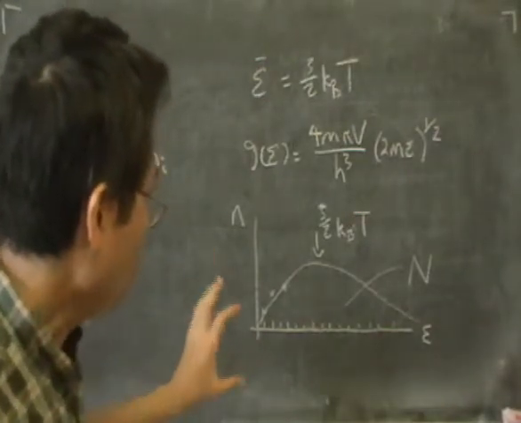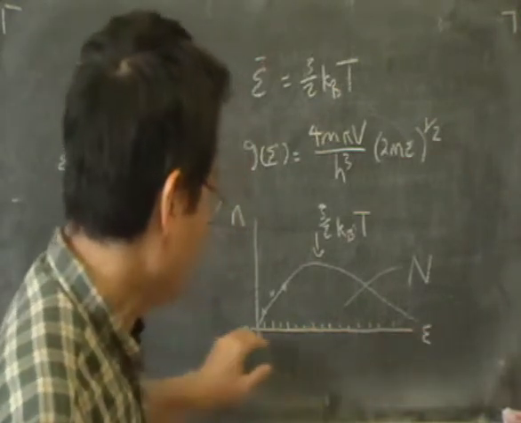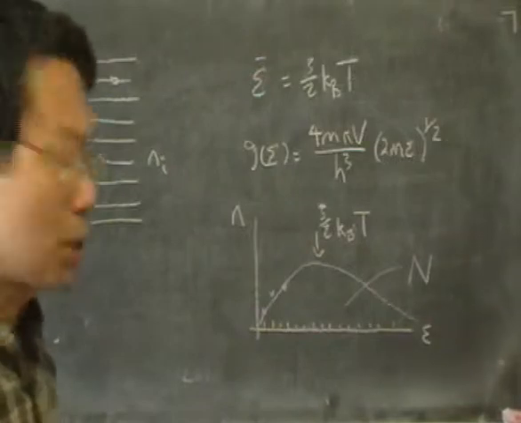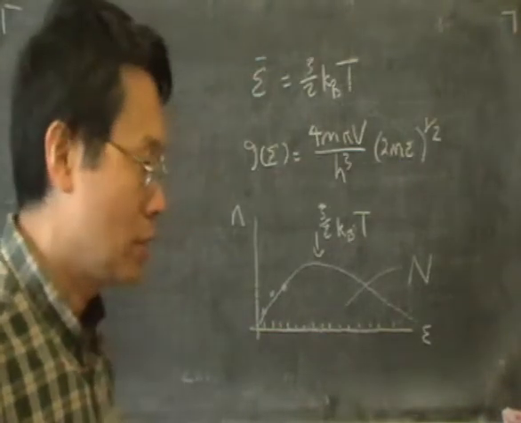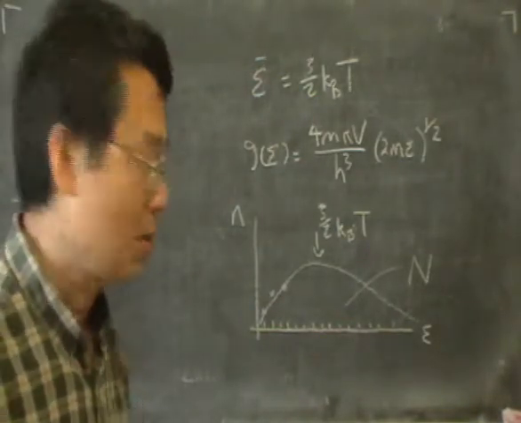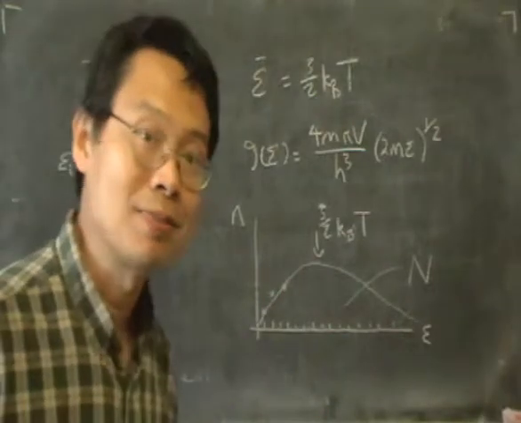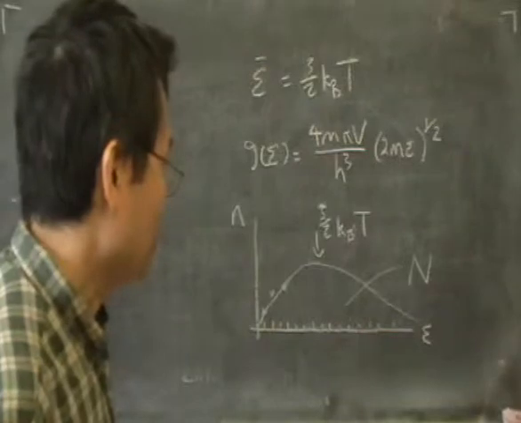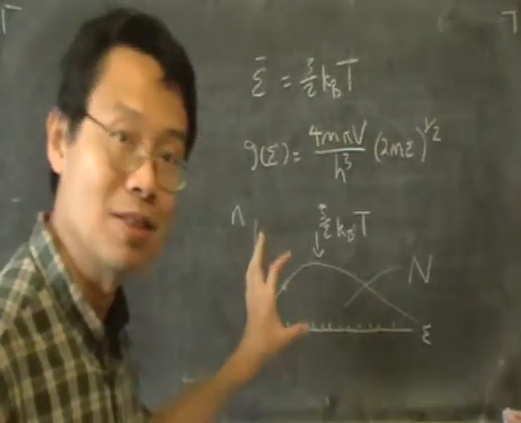Now, if we look at all the energy states that are available, there is an infinite number of them. So obviously, that's always more than the number of particles. Okay, and that would not be very meaningful if we compare it this way.